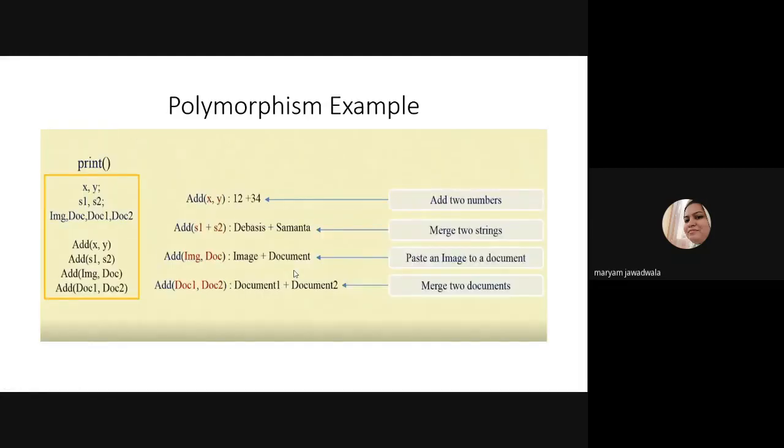For example, here I write one function, the add function, right? So x and y are variables, s1 and s2 are again variables, and image and document are again variables, right? And I call the add function four times here. The first add has two arguments, x and y.